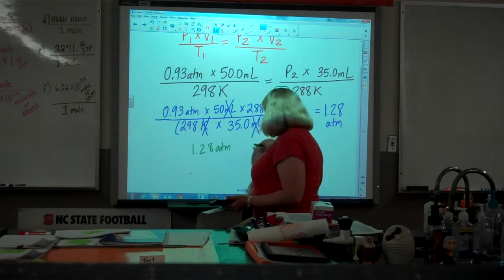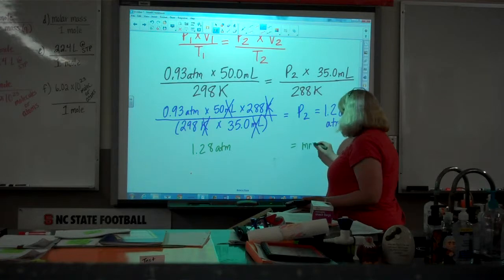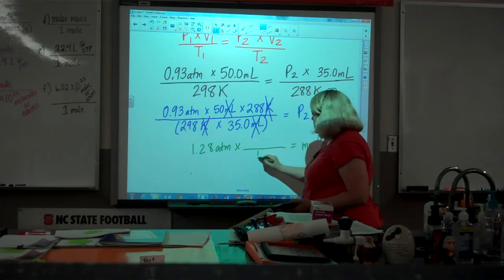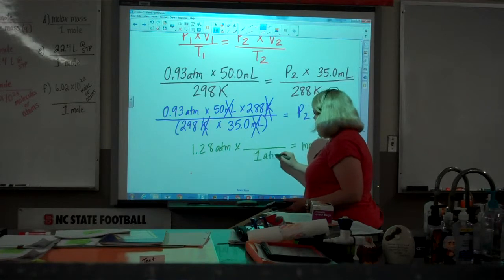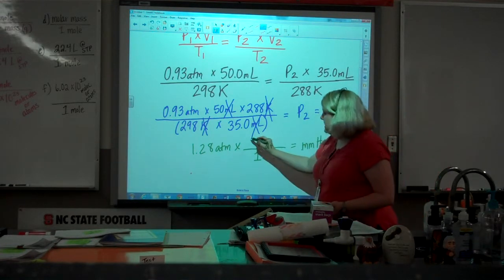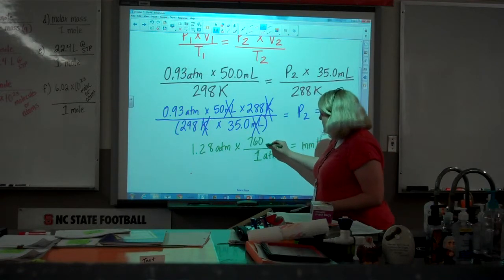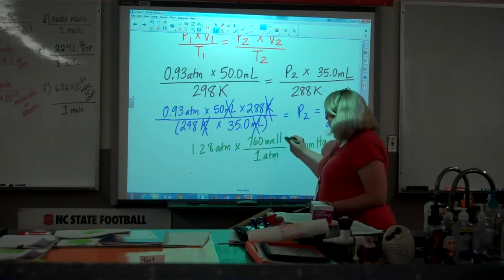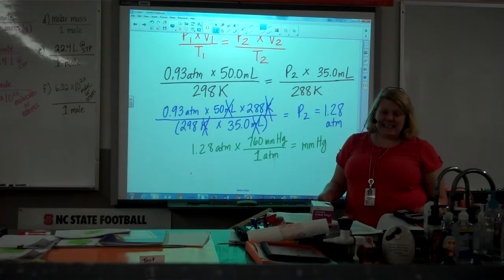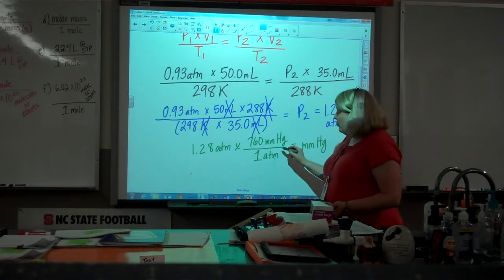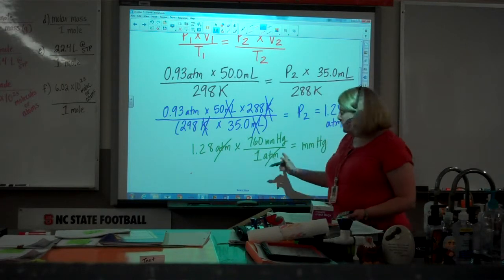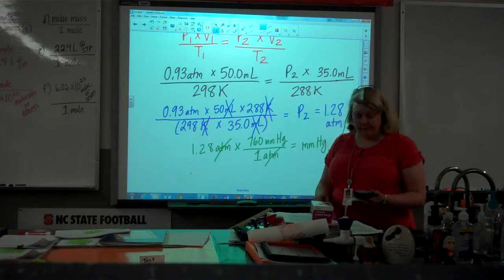So again, ask yourself, if I want to find millimeters of mercury, then the relationship between 1 ATM and millimeters of mercury is what? So 1 ATM equals 760 millimeters of mercury. And if I were there, I would ask you, why did the ATMs go in the bottom? And you would tell me because they need to cancel. Okay? So remember, your denominator has to match what you get.